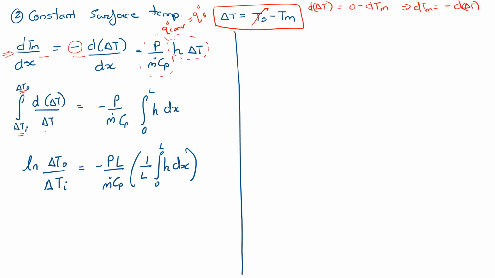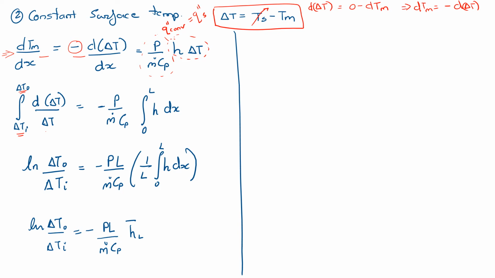This integration here gives us the natural log of delta T at outlet upon delta T at inlet equals minus PL times the average heat transfer coefficient upon m dot Cp. I've just multiplied and divided by length in this expression, and I've taken 1 upon L inside, because we can write the integration of h dx divided by L as an average heat transfer coefficient.